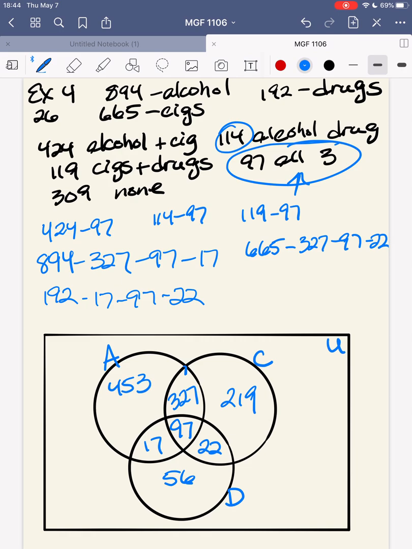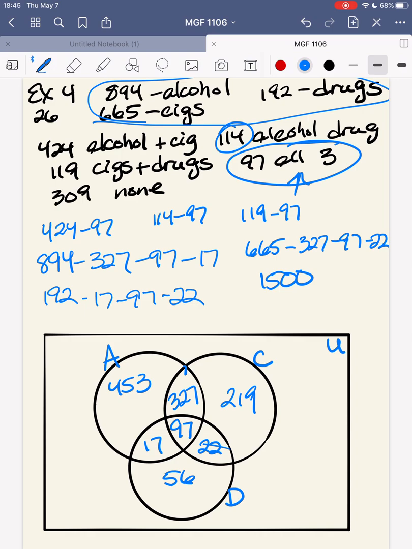Remember, add and then subtract the dual things. So this ends up being 1,500 people. Or, we add up those that did only one thing, the 453, the 219, the 56, and add the people that did the overlapping behaviors. We have a total of 1,500 people that were surveyed.